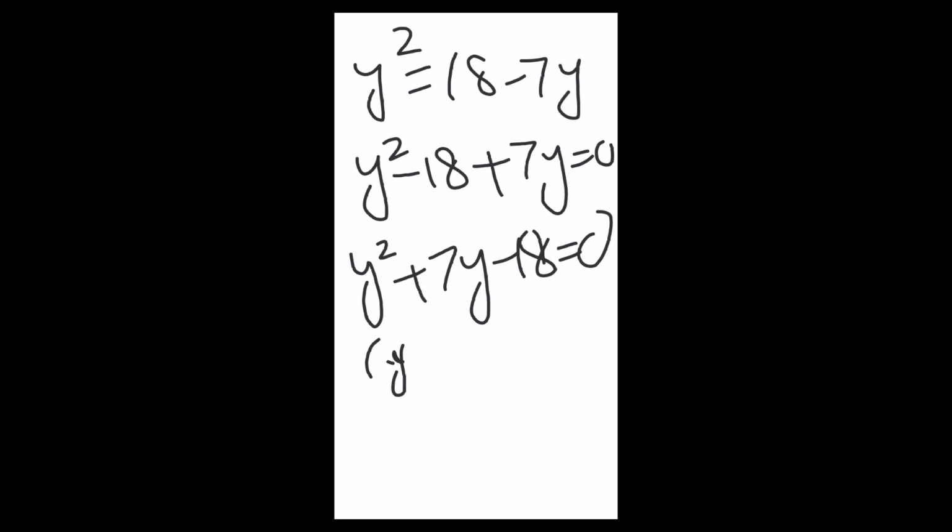Is it going to be y minus 9 or plus? See, 9 would be plus, Aisha. Don't get confused. Y would be plus 9, and the 2 would be minus, because in the factorization you have done it will be plus 9y minus 2y, because you have to get plus 7y.